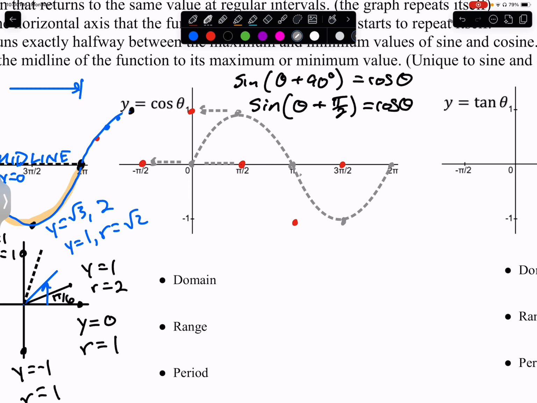We move this point to the left, this point to the left, this point to the left, this point to the left, this point to the left. If we connect those points, then we'll see this red curve. This is what cosine looks like.